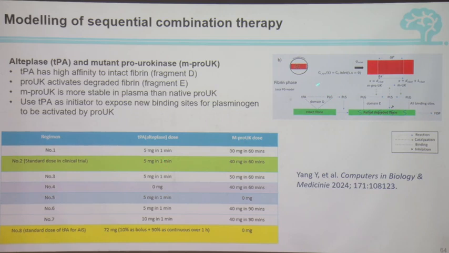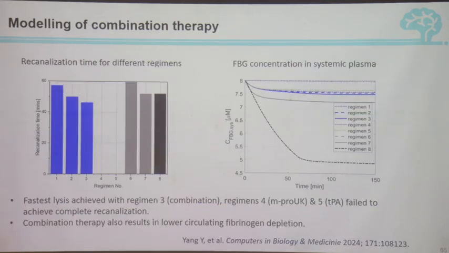Obviously the kinetics are quite different, so we need to investigate the exact kinetics for each of these drugs and how they can complement each other when used together. So it's quite interesting that the combined drug can actually perform better with a much lower dose of tPA in terms of the lysis efficacy.